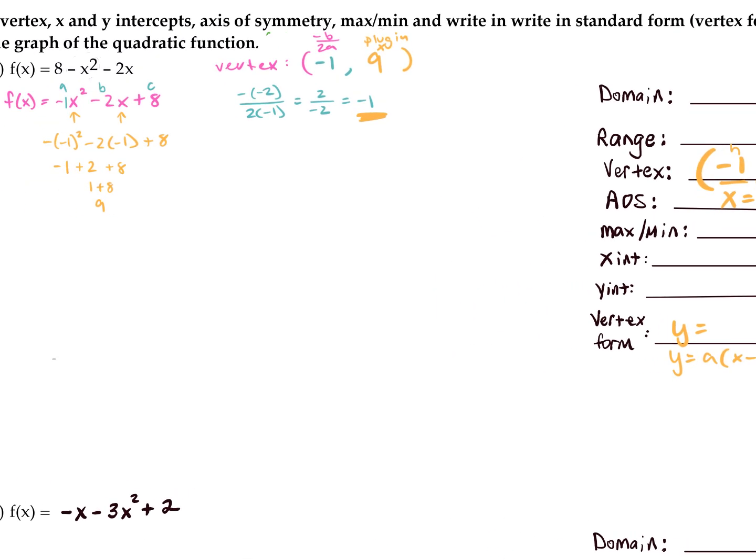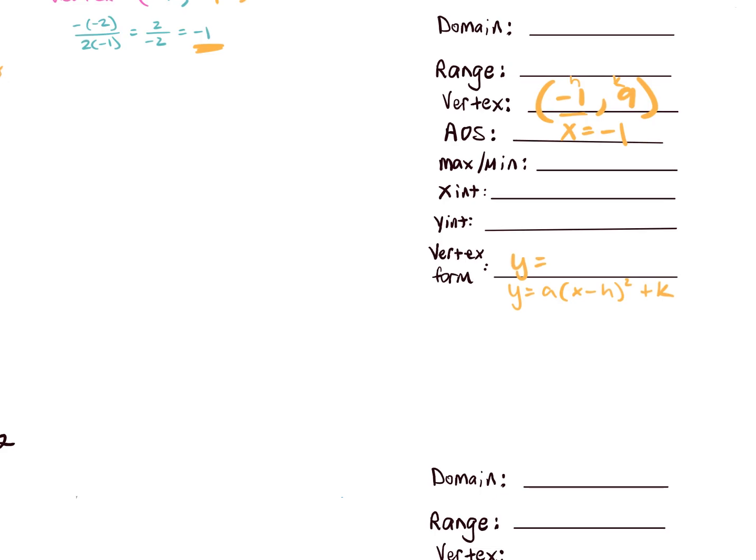A was negative 1, same as the a in our original function here. A is negative 1. So we have negative 1, or just negative, times x minus h. So how would I write x minus negative 1? X plus 1 squared, don't forget the little squared, plus k, which is 9. So that would be our vertex form.